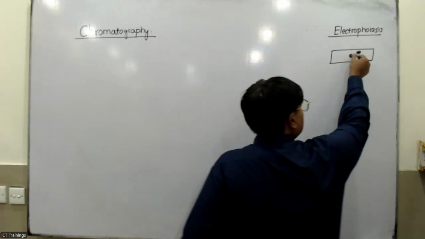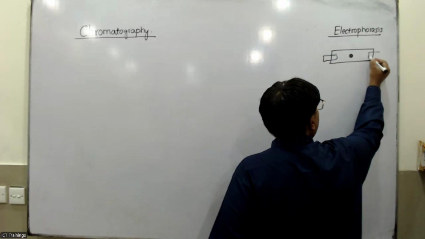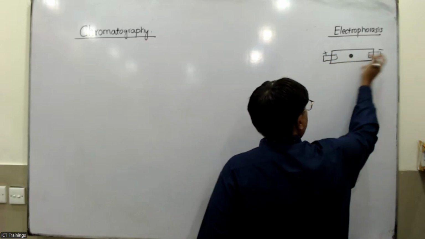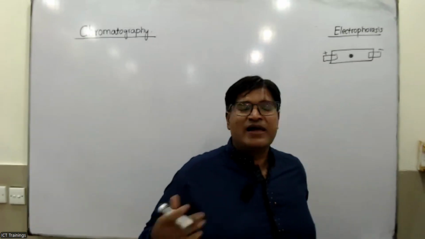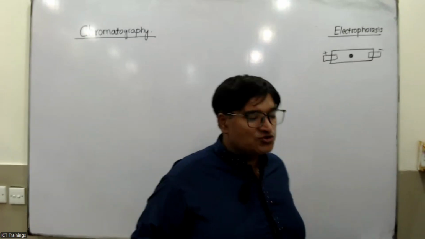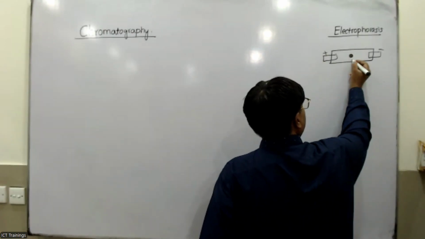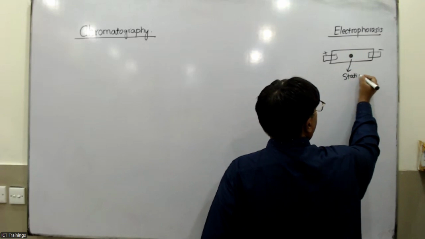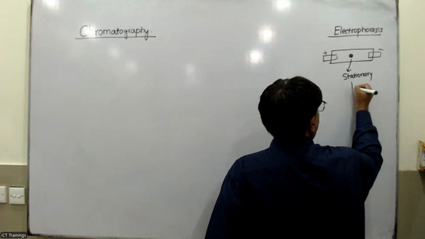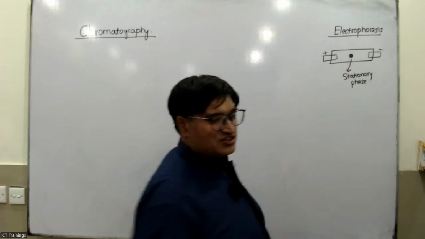The sample is made to move by using the current, positive and negative. So the ions are made to move by using the current only. There is only one phase, that is paper, and the sample on it. This paper is the stationary phase. It does not move.